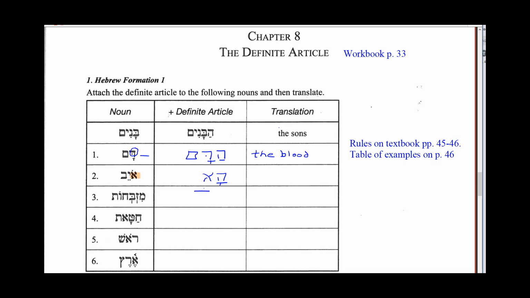In this case, though, it bounces it back and it lengthens the vowel. And then the vowel will be the same on the aleph, and then we're going to have oyev. The rest of the word is going to be the same. So ha-oyev. This will just be the enemy. The enemy. So the definite article, we're just going to translate that as the in every case.